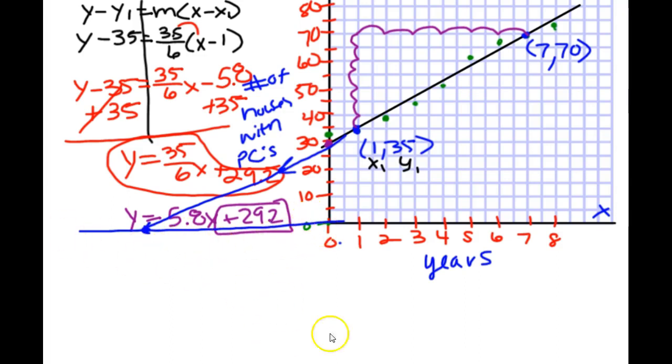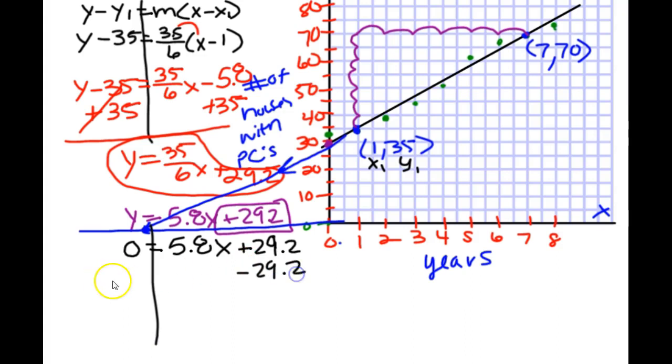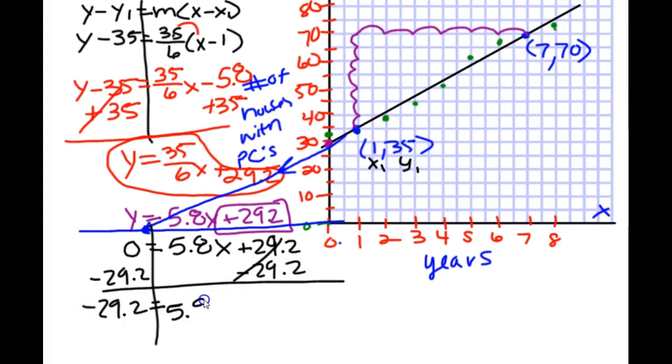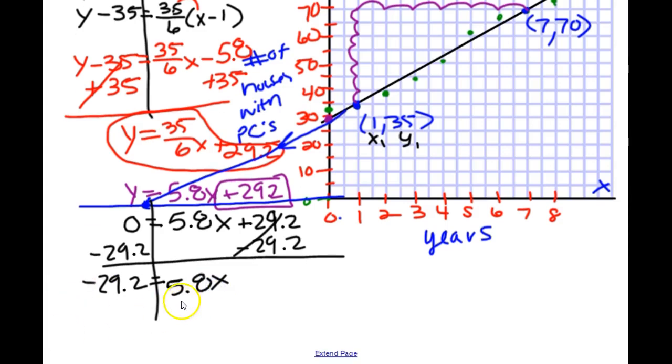But instead of trying to predict that, we're just going to plug in when y is 0 and solve to figure out where that will be on my x-axis. So we're going to subtract 29.2. So we have negative 29.2 equals negative 5.8x. And then divide by 5.8 to get x by itself.